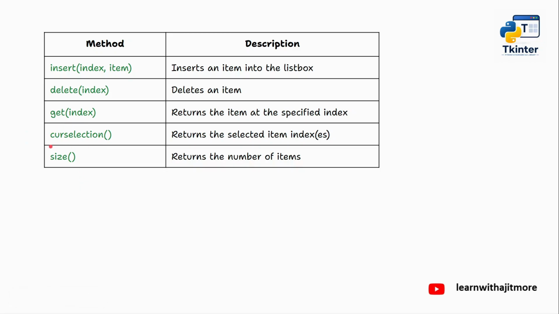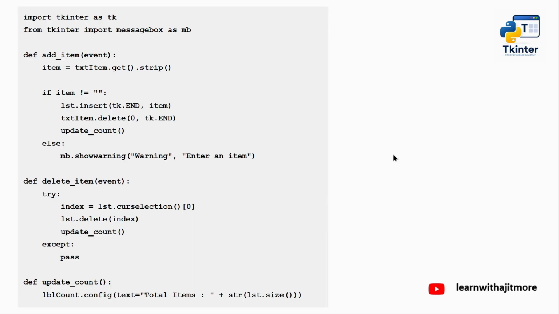Cur selection will return a tuple of the indexes which are selected. If only one item is selected, it will still return a tuple, remember, like if only the seventh item is selected, 7, but in tuple form. And last is size, which returns the number of items. I hope the methods are clear to you.